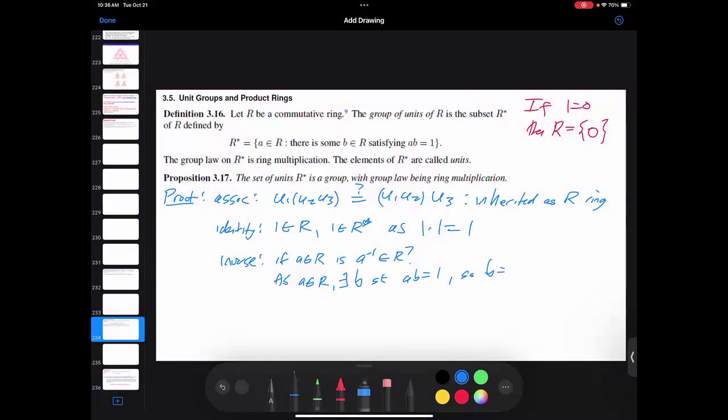So B is A inverse. This is what it means to be an inverse. Should I also say that I need BA to equal 1? We need BA equals 1, but as R is commutative, we get that for free.